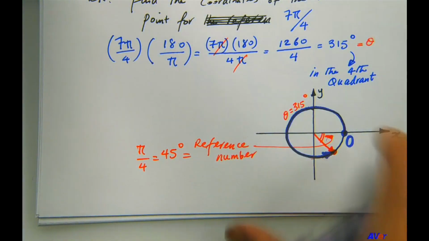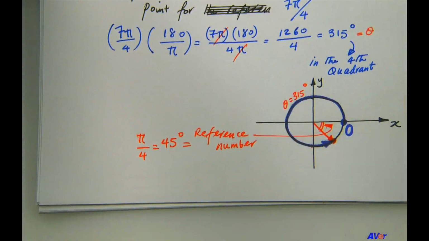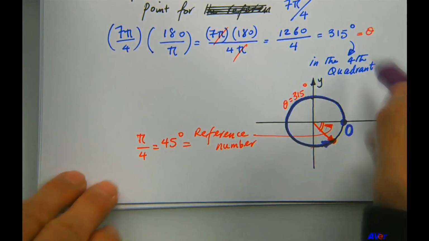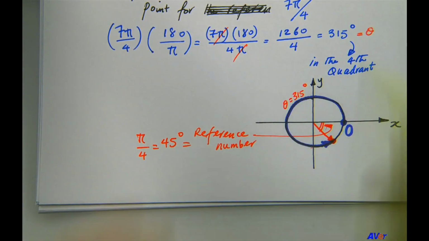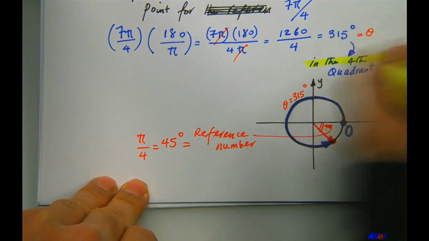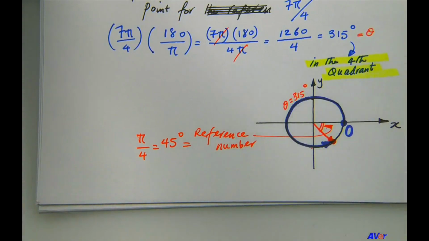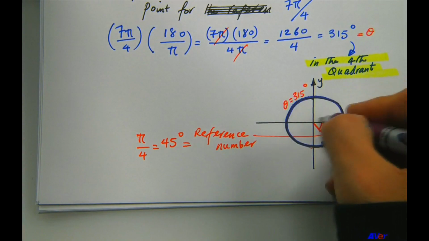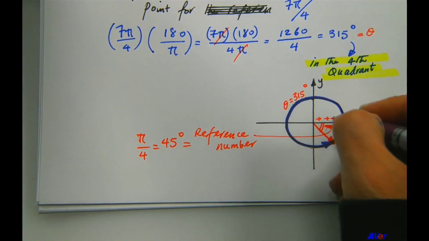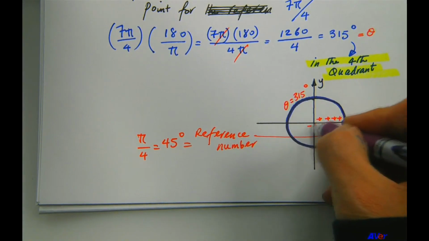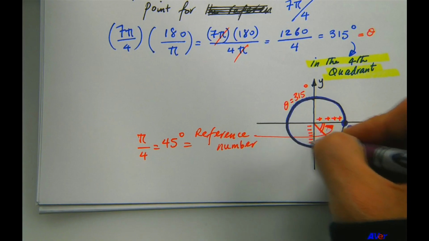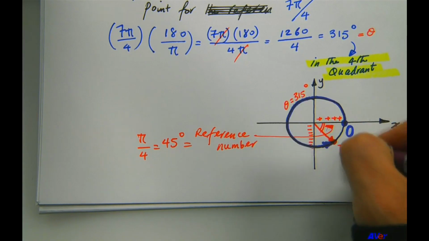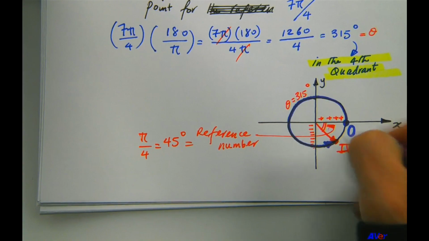So that was the easy part, but now we got to remember that we are in the fourth quadrant here. Because this is in the fourth quadrant, what happens there? The x-axis is positive, but the y-axis is negative, right? This is the fourth quadrant we're in, right there.